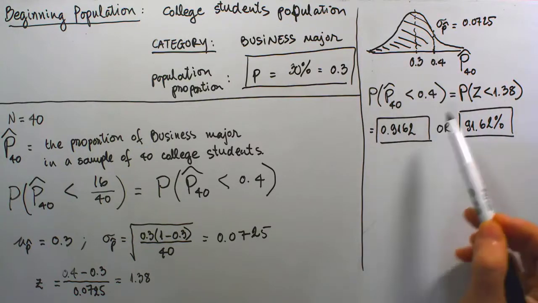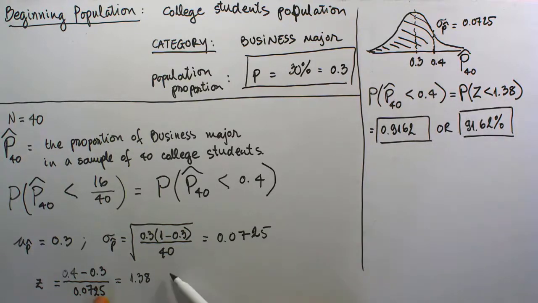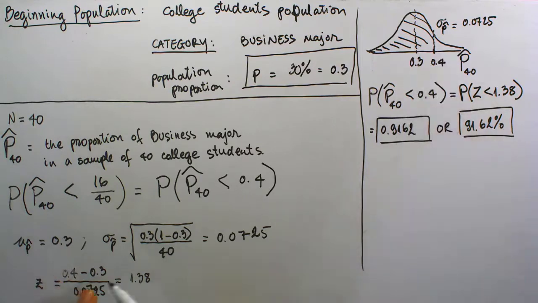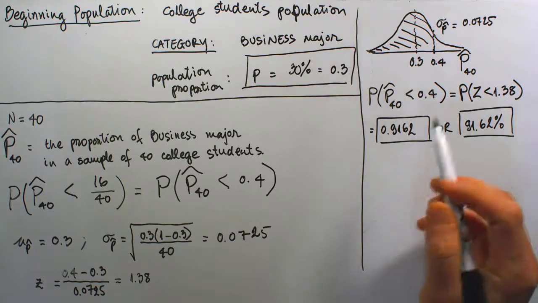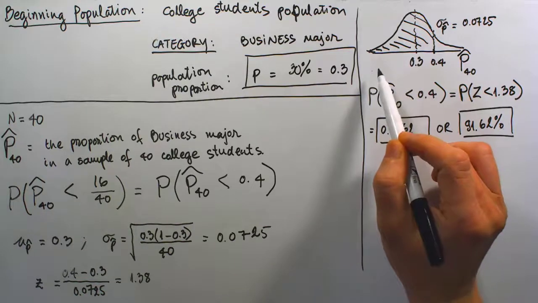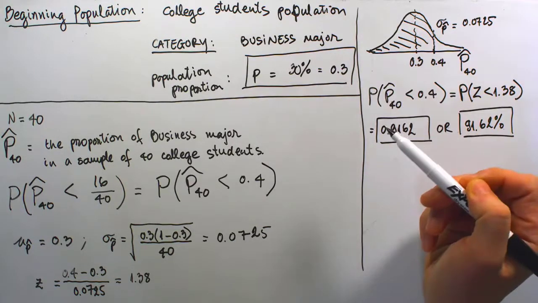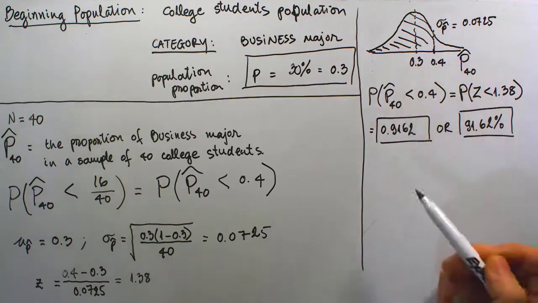And that was the whole reason why we had to do the z-score here by subtracting our 0.4 value on the bell curve from the center of the bell curve and dividing by the standard deviation of this sampling distribution of the proportion. But now the big question that I was not able to answer earlier, and in case you didn't have that question in mind earlier, now it's time that I need to point it out right here.